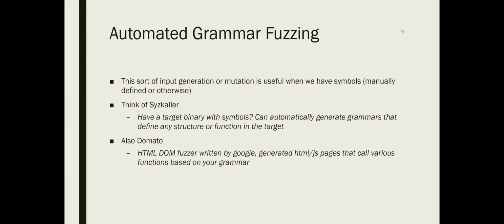You could also go the way of automation, where you can automatically generate grammars and then have a fuzzer automatically generate inputs based on that grammar. Again, take a look at Domato, take a look at syzkaller if you're interested in reviewing those techniques. You'll notice when it comes to fuzzing, there are a lot of techniques, a lot of different methods, especially when you're diving into the specifics of input generation.